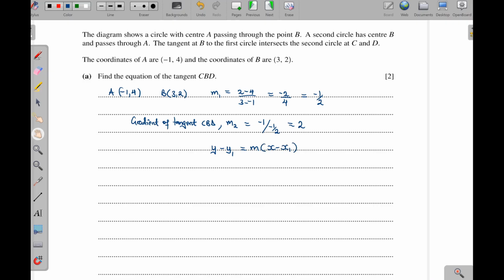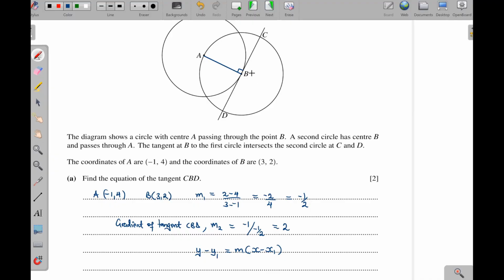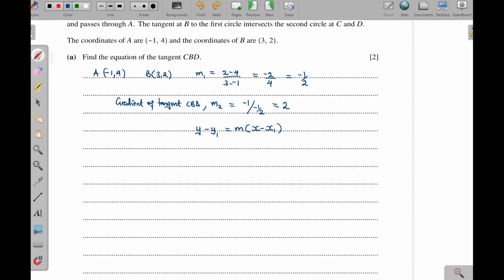Now, this line CBD is passing through the point B here, okay? The point B is (3, 2). So that is the one that I'm going to use. So y minus y1, where y1 is 2, then m is 2, and then x minus x1, where x1 is 3.